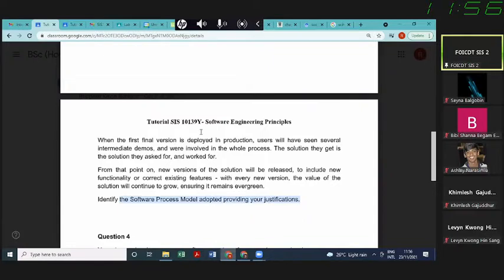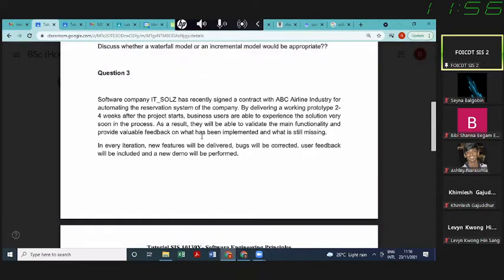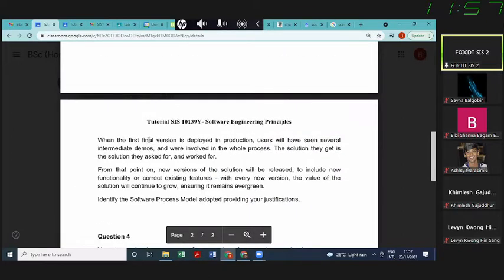But here we find features or functionalities or increments being delivered. There are intermediate demos, and V&V doesn't talk about intermediate demos. So V&V is not good.